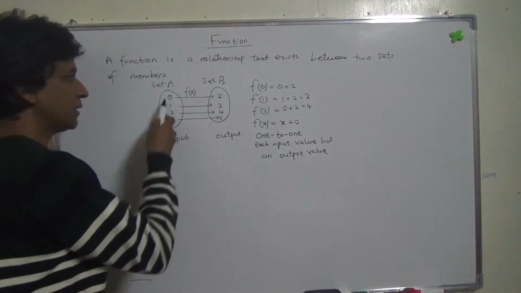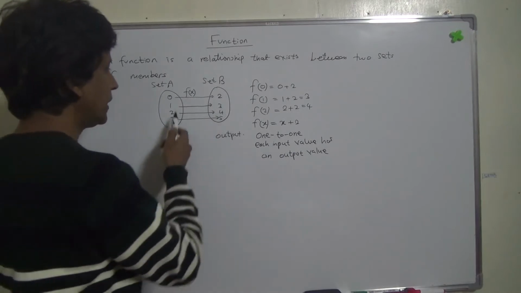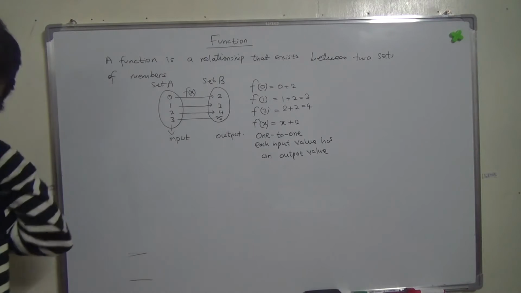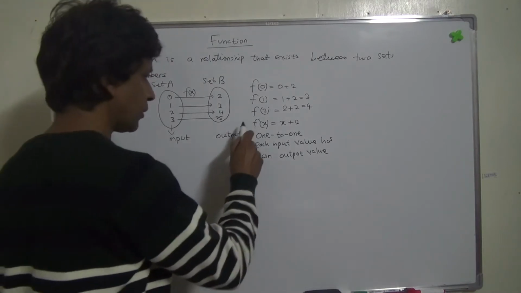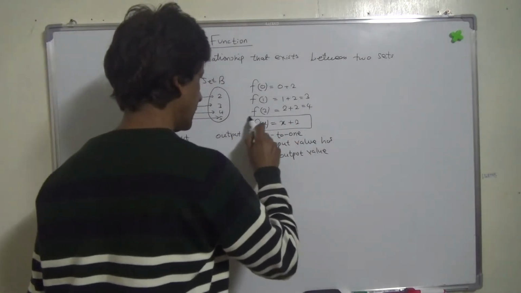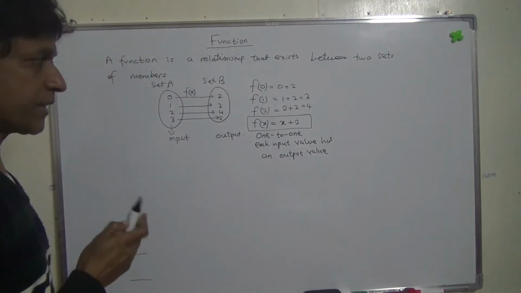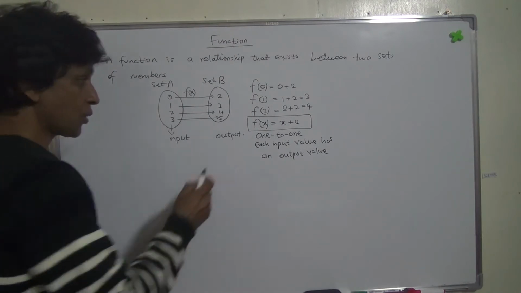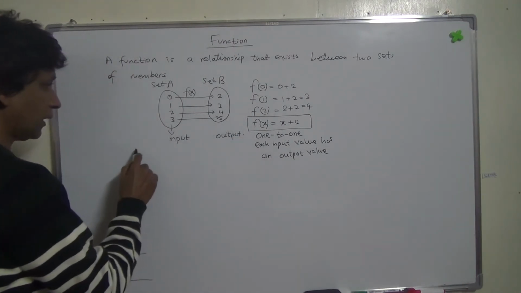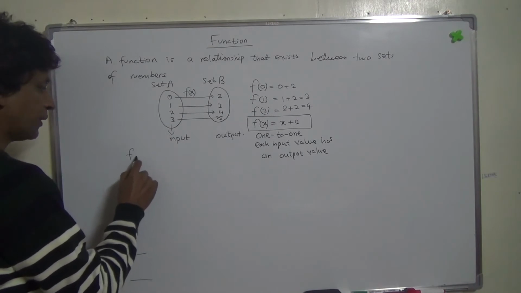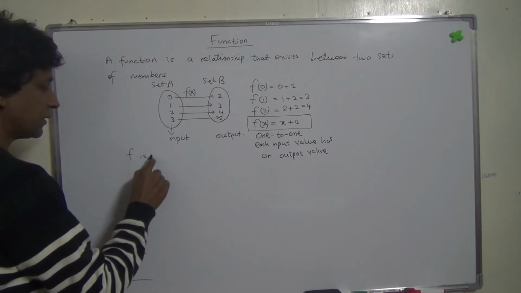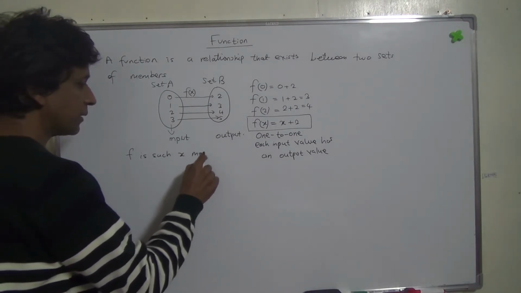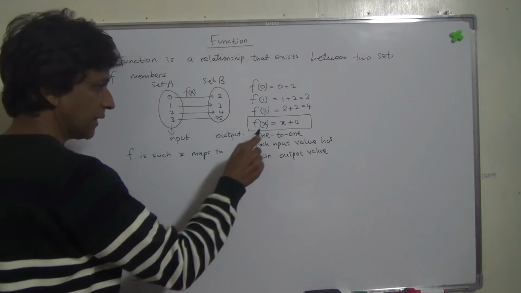We've seen 0 gives 2, 1 gives 3, 2 gives 4, after we undergo the function f(x) is equal to x plus 2. Now this is our function, and it is written as f(x) is equal to x plus 2. How do we read it? We read it as f is such that x maps to x plus 2.